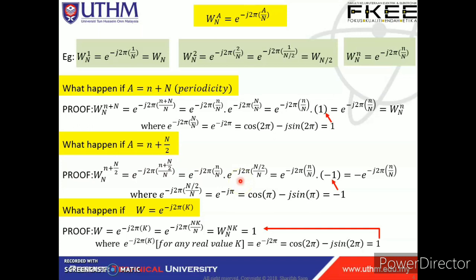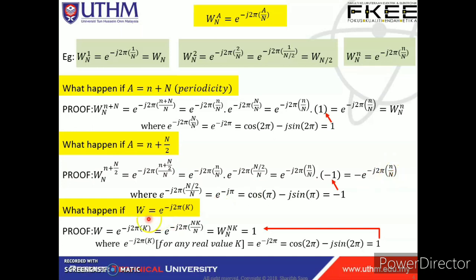So it becomes exponent negative j pi only. Again, we solve by using Euler, and we get the result of negative 1, and we put it at the second part. The final answer will be negative exponent negative j 2 pi n divided by number of sample.